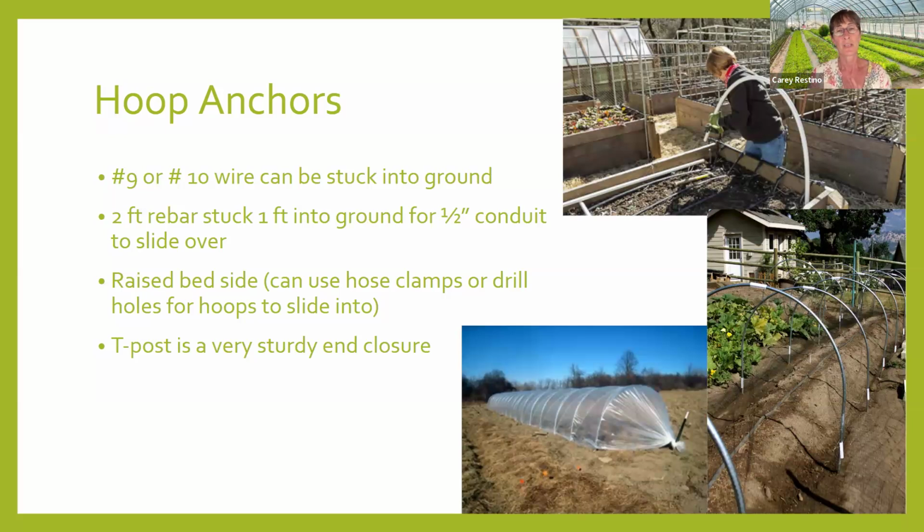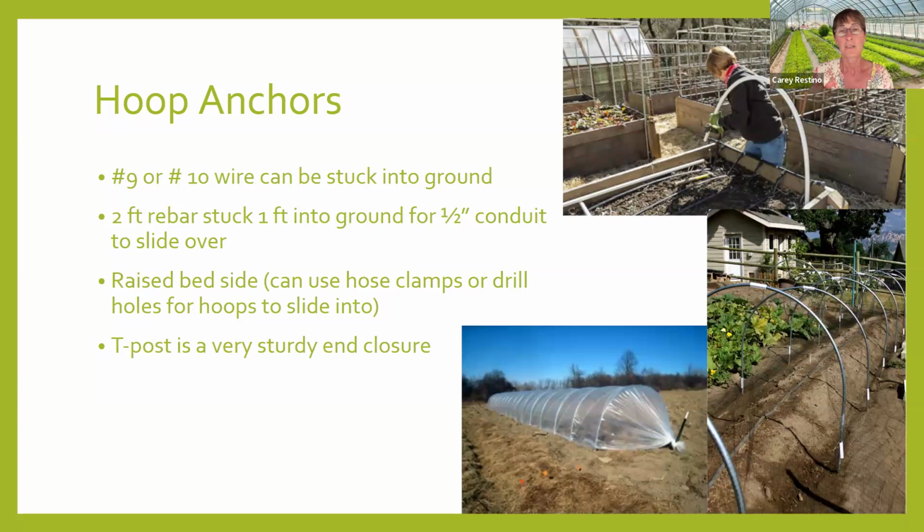But generally, if you're going at 4-foot spacings and you've got good wind bracing, they're not going to get wrenched around too much by the wind, so you're probably going to be fine just sticking them into the ground, depending on how fluffy your soil is.